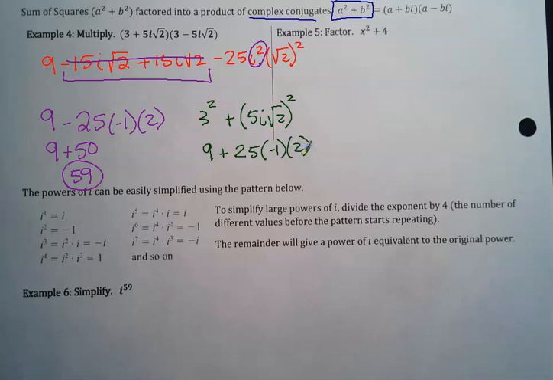Time out. What did I do wrong here? Oh, I don't put the i in there. Of course I don't put the i in there. Sorry. So 9 plus 50, which is 59.